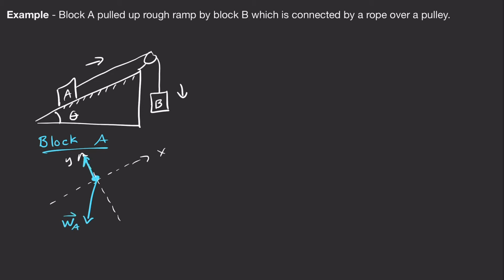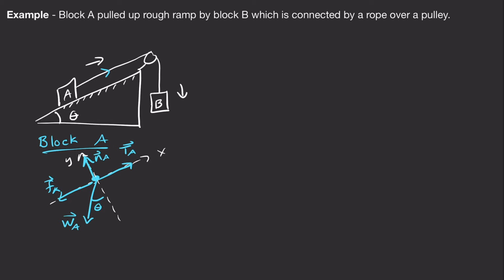It has a normal force that is perpendicular to the surface. Then the tension in this rope is going to pull it up the ramp. And since it's going to be pulled up the ramp, friction is going to fight it and move down the ramp. This is our angle theta that the ramp makes with the horizontal.